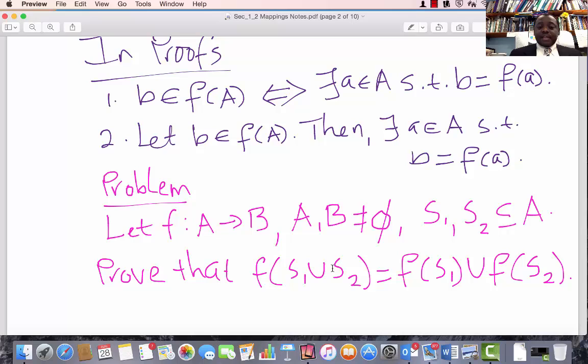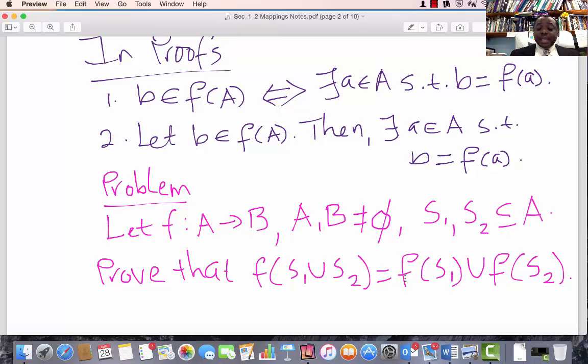Now observe that the right hand side is a set and the left hand side is a set. These are images. So to prove that two sets are equal, what do we do? We have to verify that they are subsets of each other.